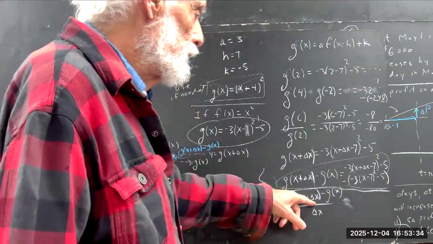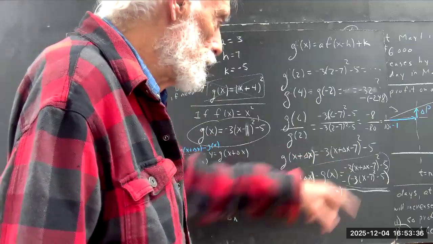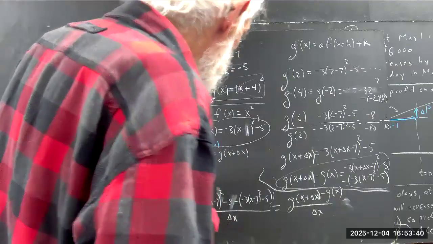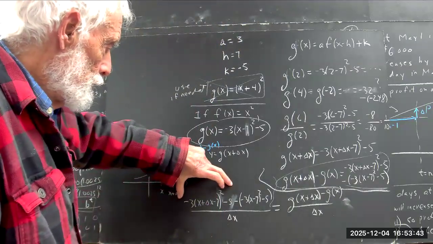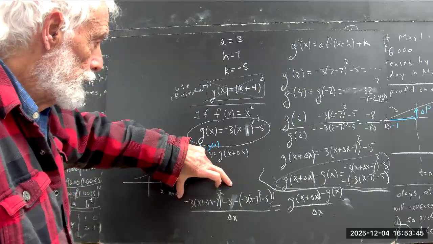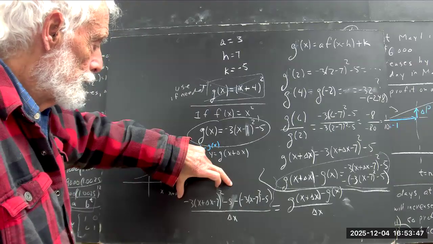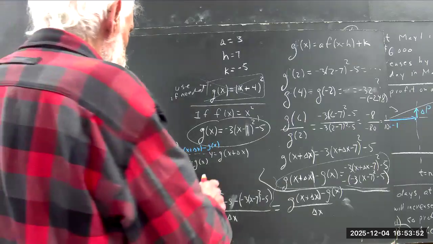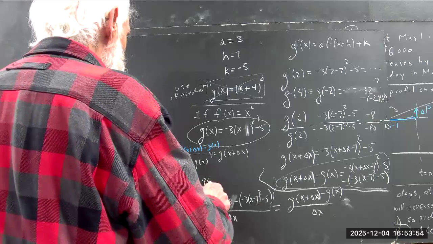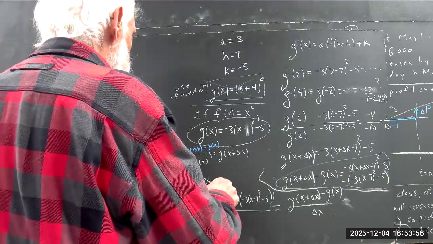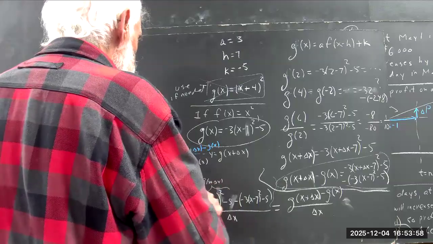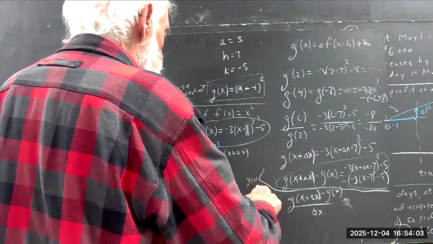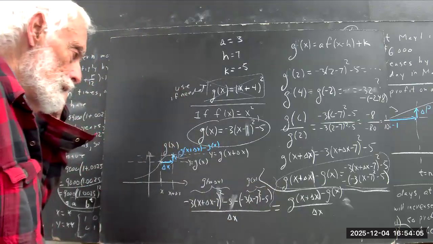Then we got g of x plus delta x minus g of x, which is just this expression, divided by delta x. Well, here's your g of x plus delta x, here and here, and minus g of x, which is here.